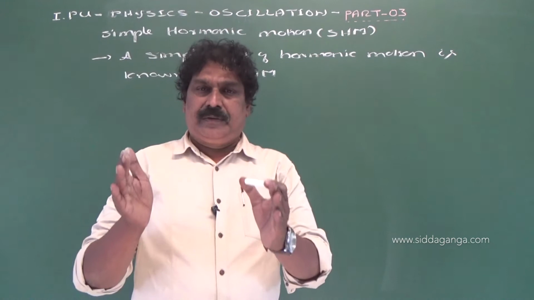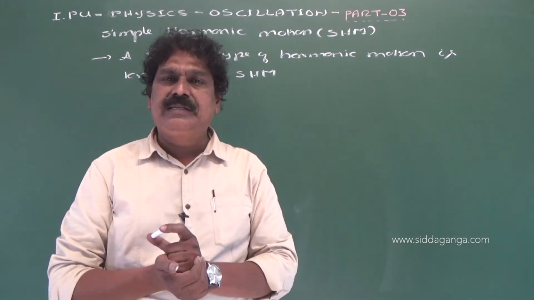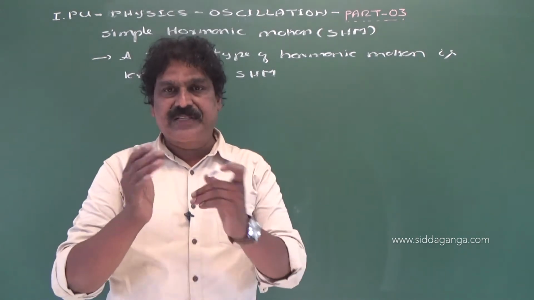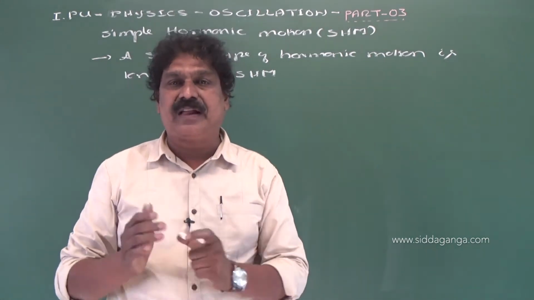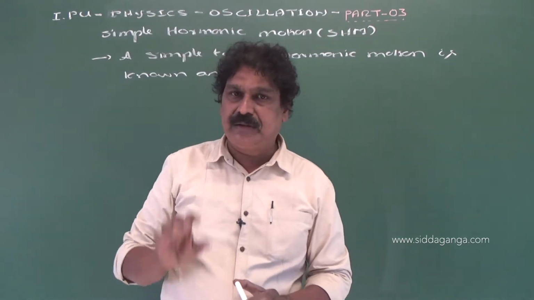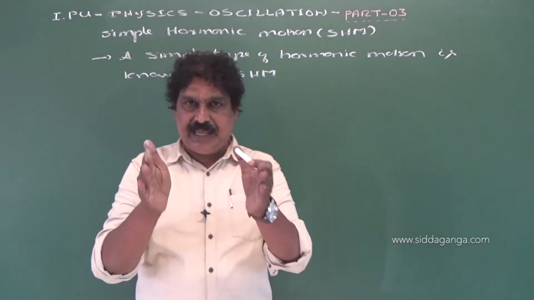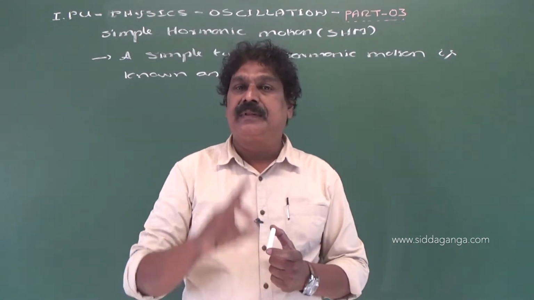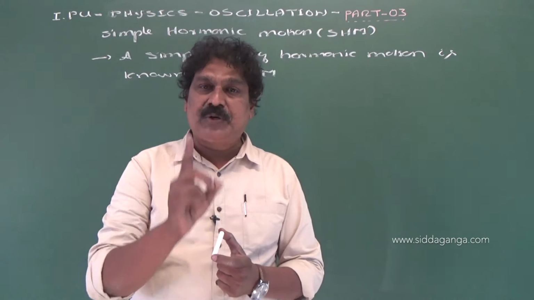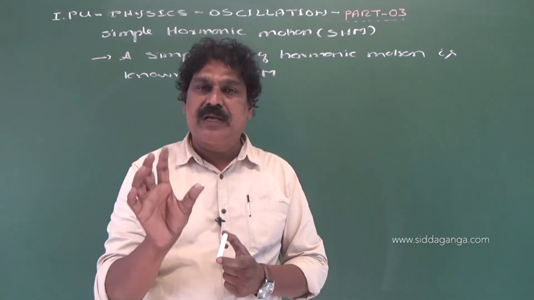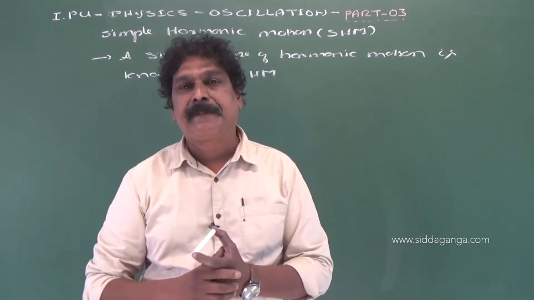Now, for a motion to be said to be a simple harmonic motion, it has to satisfy certain conditions. The motion must be a periodic motion, number one. Number two, the motion must be to and fro about the mean position.